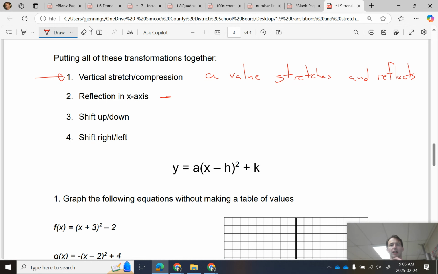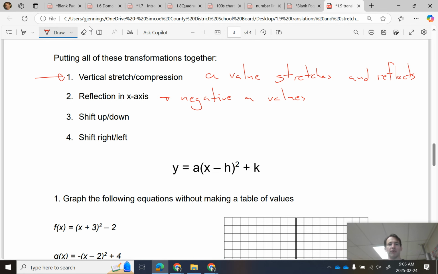So these are negative a values. If a is negative, it will reflect in the x-axis. So we've seen a number of those examples today. You want to always be linking those things to your bigger patterns that you're noticing in this course.